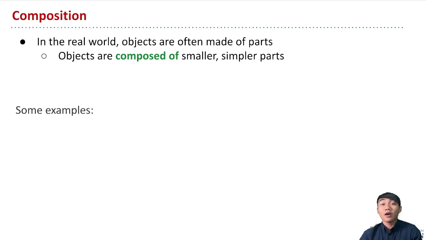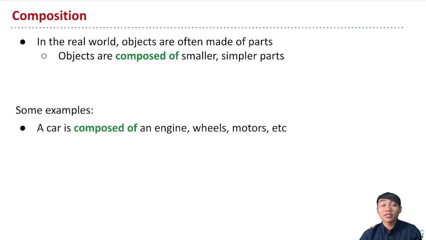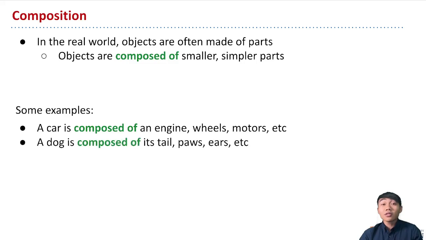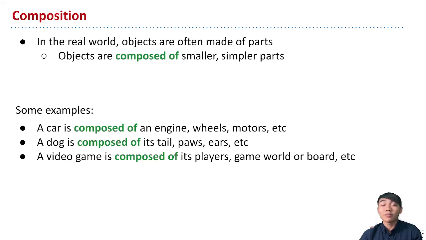As an example, we might want to represent a car, which is composed of smaller pieces of machinery, like an engine or motors or a set of wheels. We could also represent a dog in our code, which is made up of its tail, its paws, or its ears. Or we could build a video game, which is composed of the players in the game, or the board, or the world where the game is played, and of course, all the other data that's needed to represent the game itself.